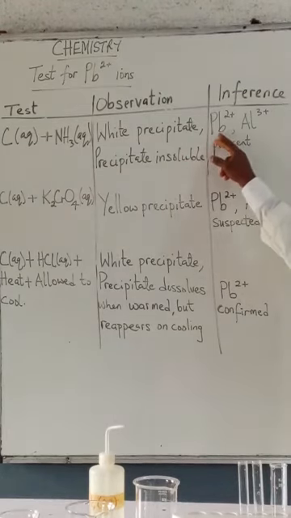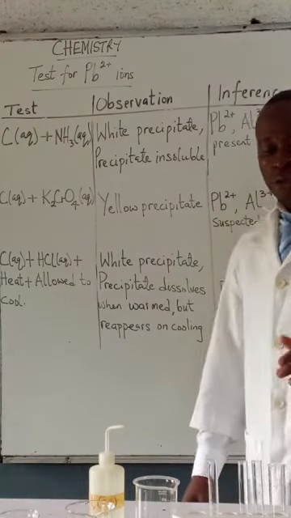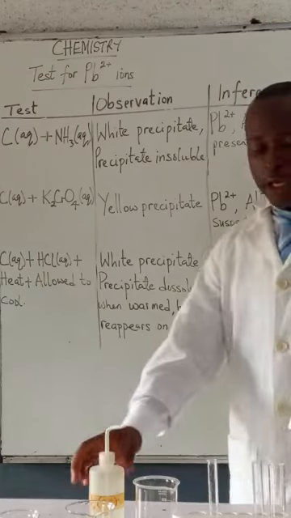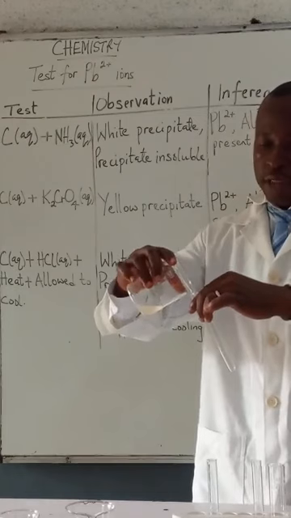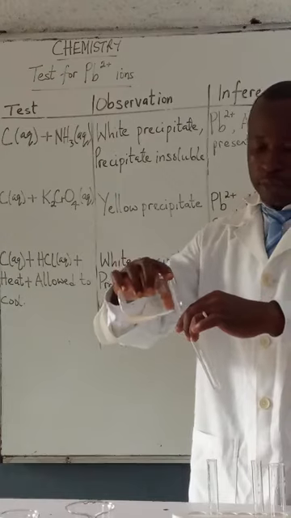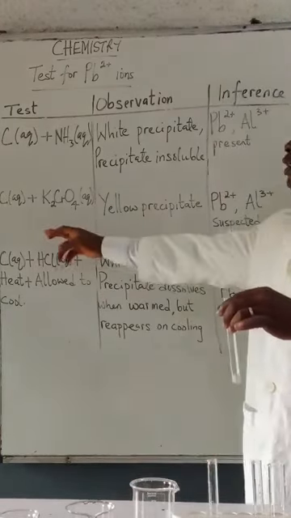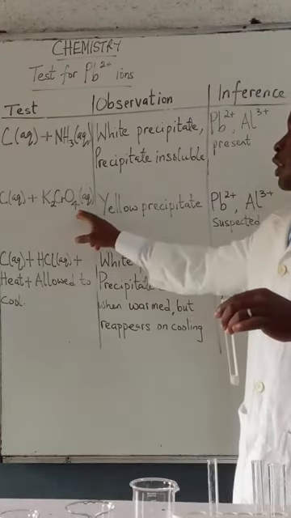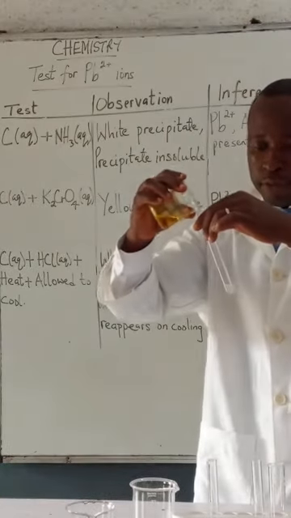Do you understand? Then I'll take about 2 cm³ again of this sample C in a test tube. I'm going to add, from what you see here, potassium tetraoxochromate 6 and observe what happens.